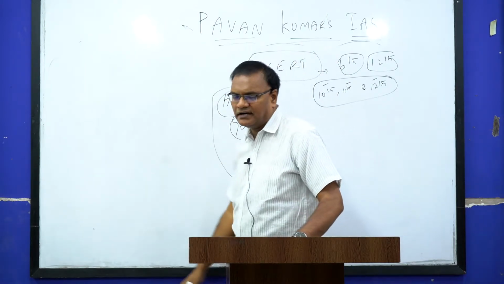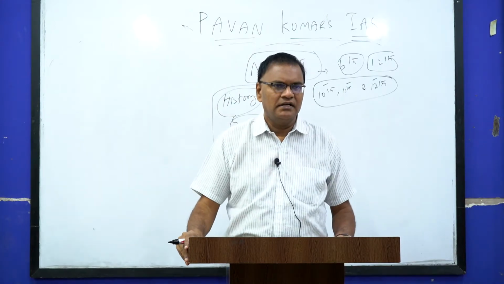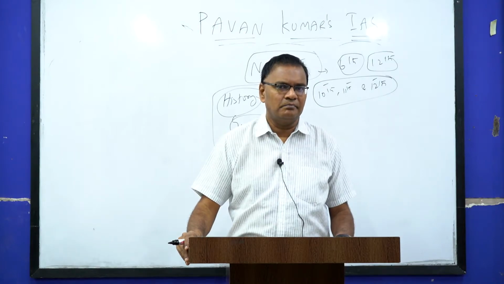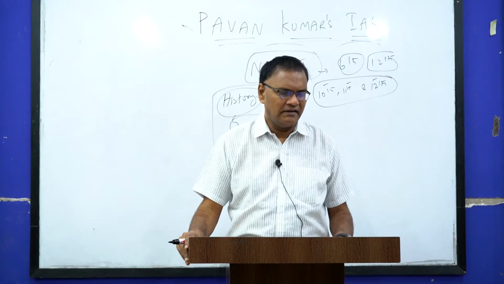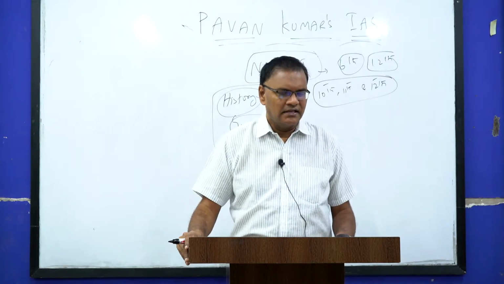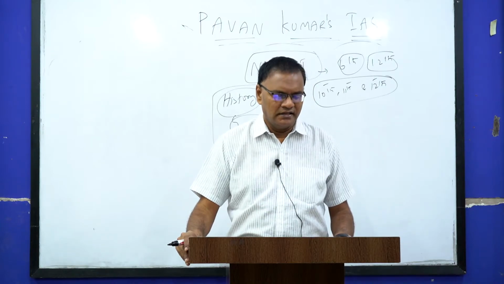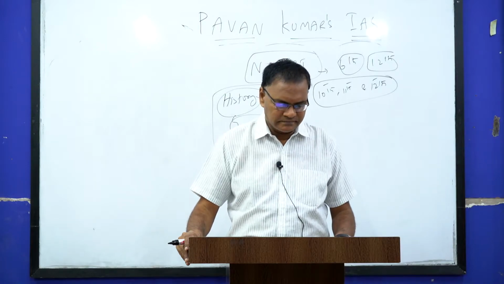History, geography and sciences. You have a book on ancient history, a book on medieval history, and also a book on modern history. Similarly, in geography, you have a book on physical geography, then a book on economic geography, a book on world geography, and a book on Indian geography.